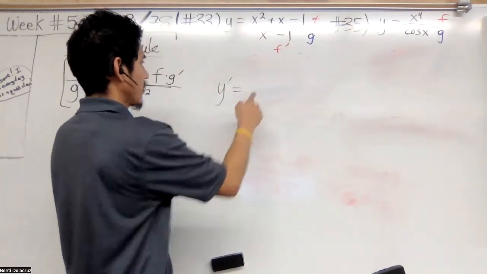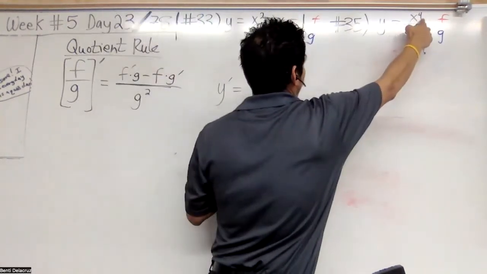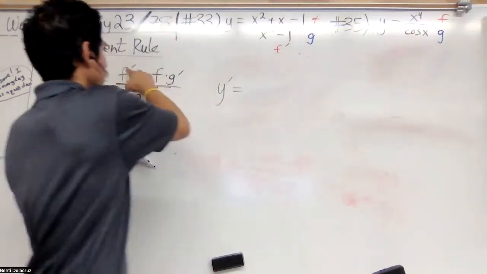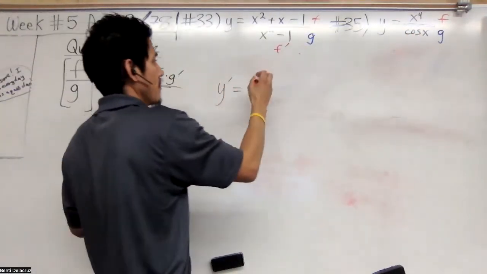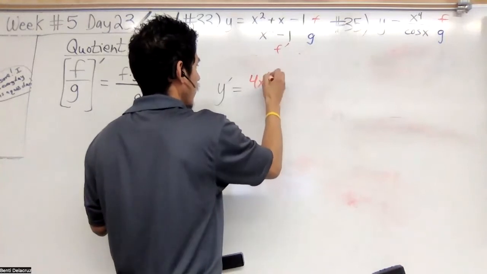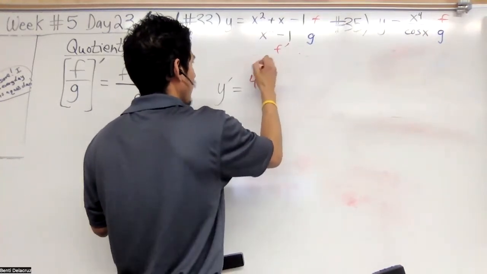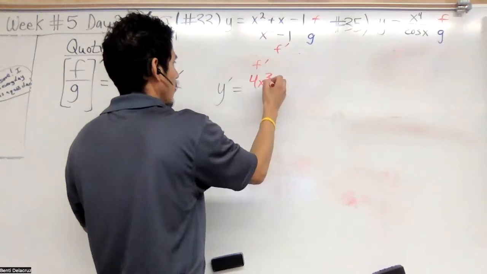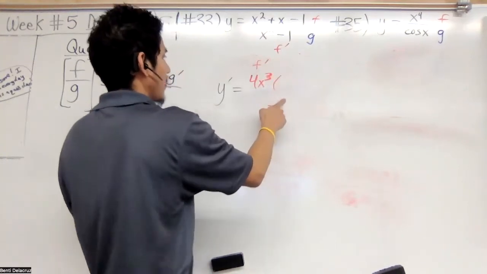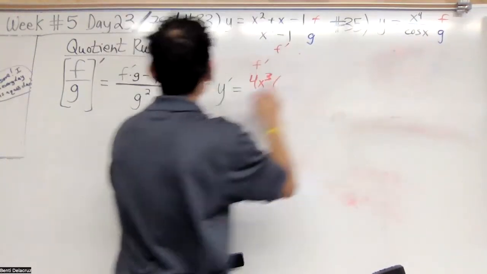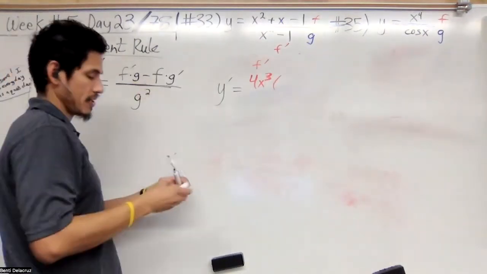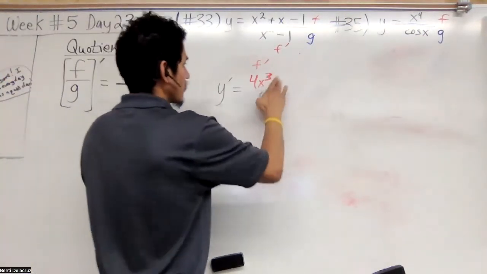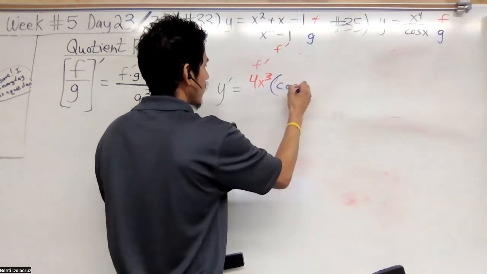So we're going to take the derivative of x to the fourth, the derivative of f. The derivative of x to the fourth is 4x cubed. So that's our f prime. And we're going to multiply this by g of x, so multiply that by just cosine of x.